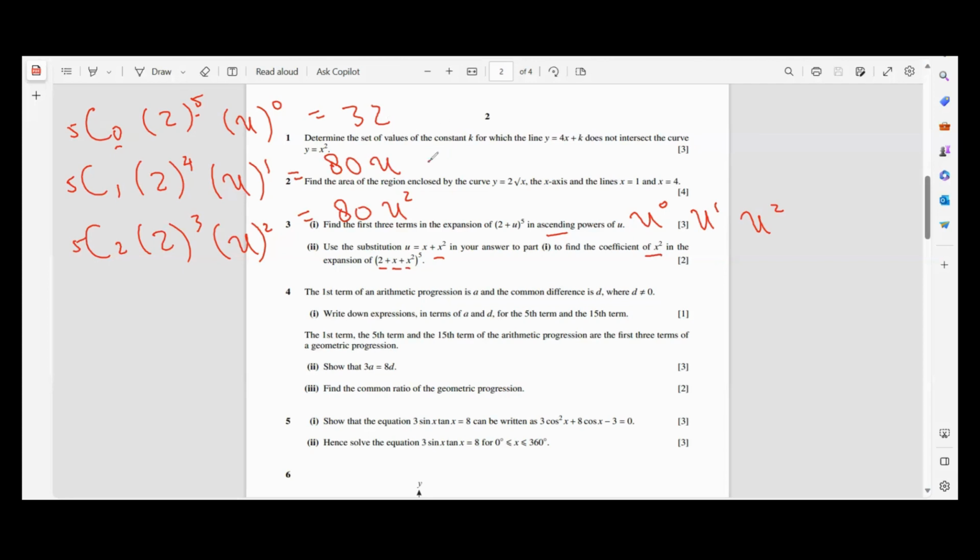If I substitute u with x plus x squared, we get 80 times x plus x squared, and then this will have 80 times x plus x squared.